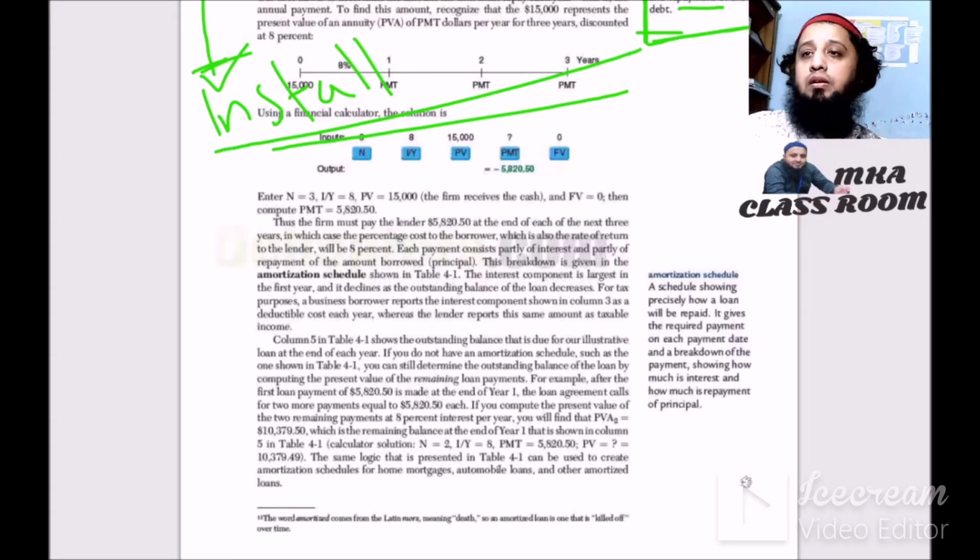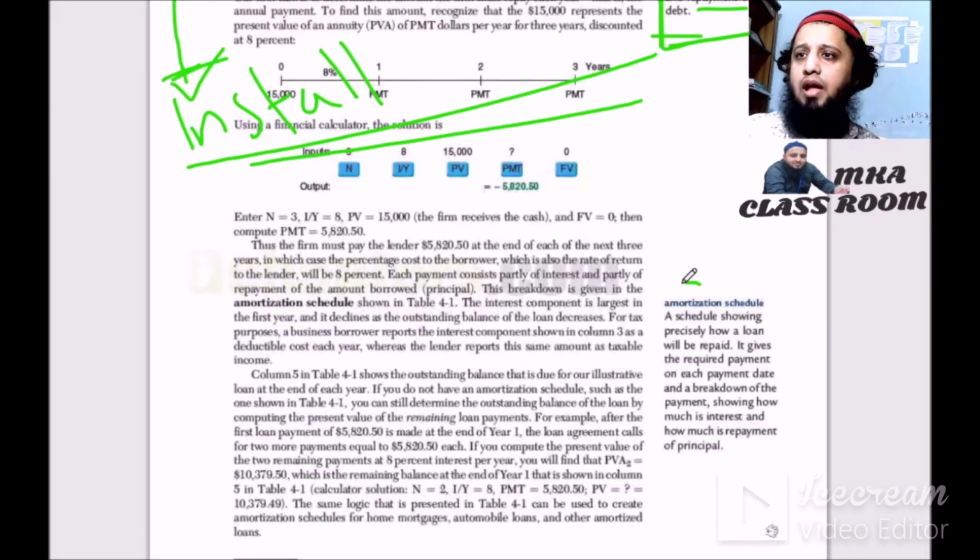So amortization schedule shows how your loan is killed off or paid off, how much interest you have to pay, how much your principal amount is repaid. That can be shown in a mechanism called amortization schedule.